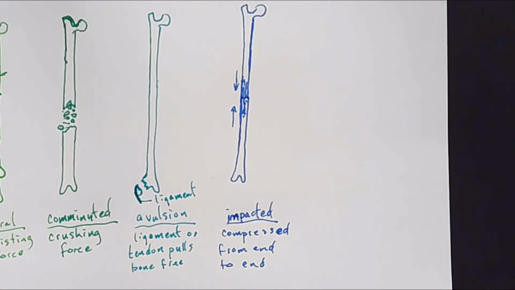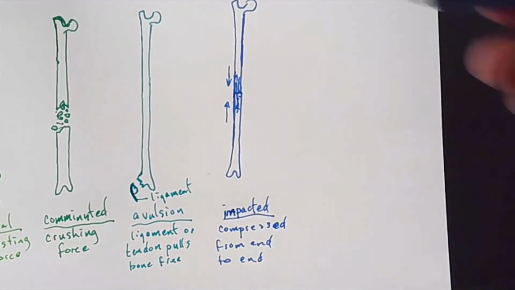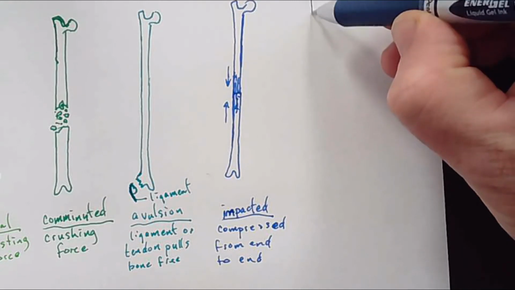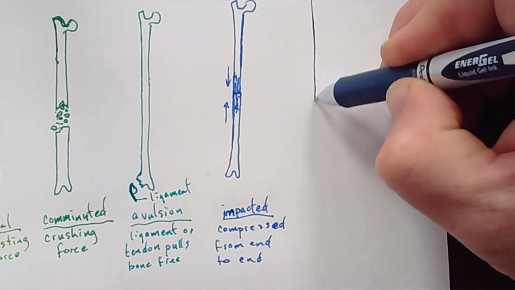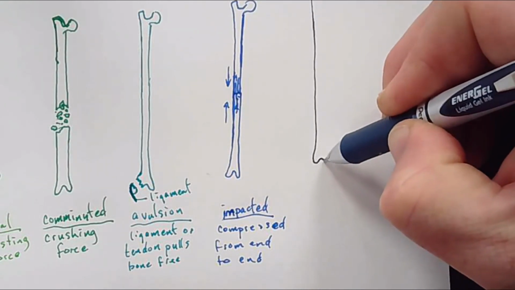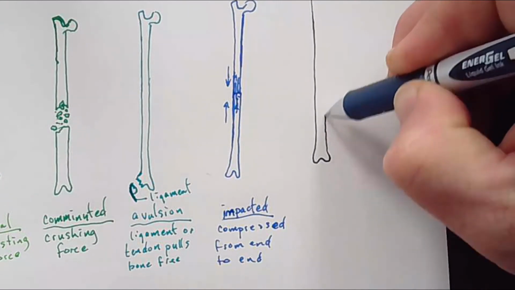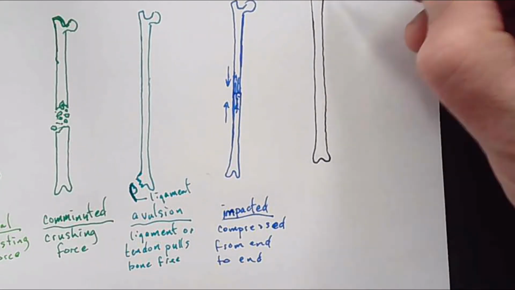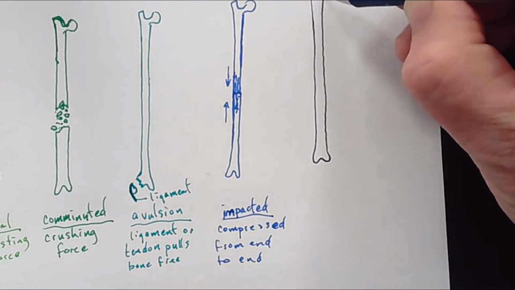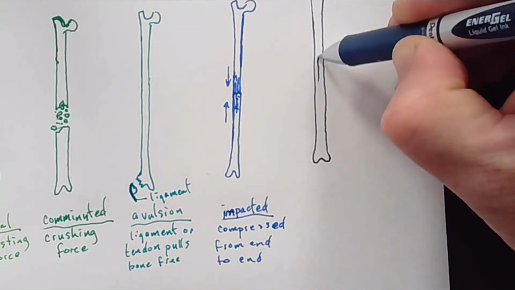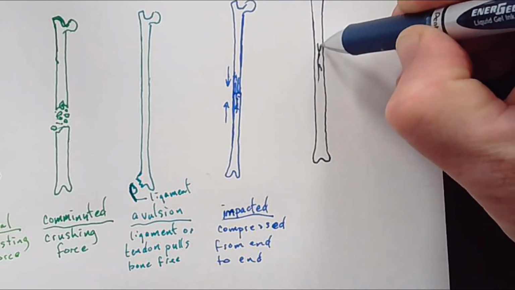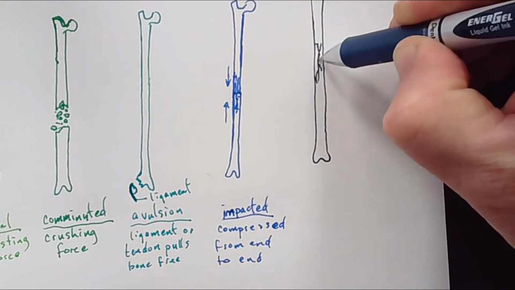Okay? Now this one's a little different. This one you might call a hairline fracture. But this is just where you get kind of like a break here that doesn't break all the way through.